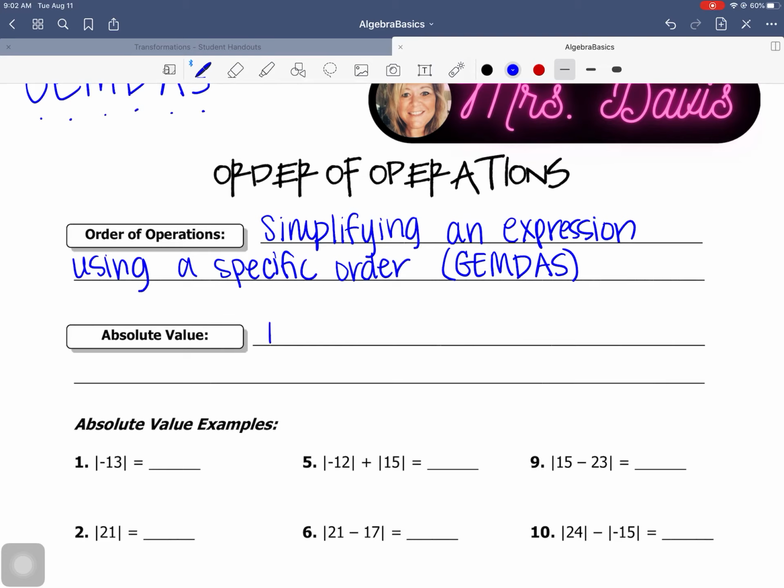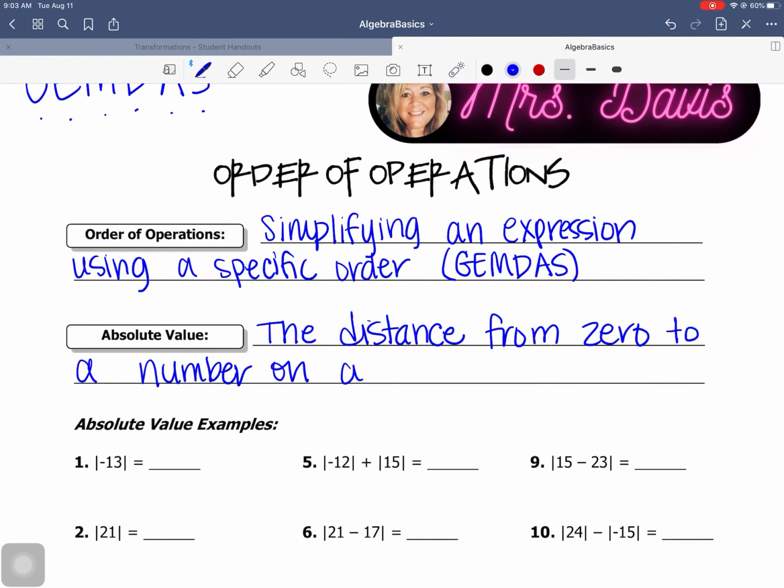Absolute value: the distance from 0 to a number on a number line.